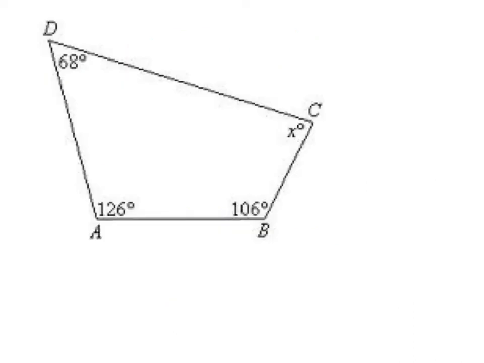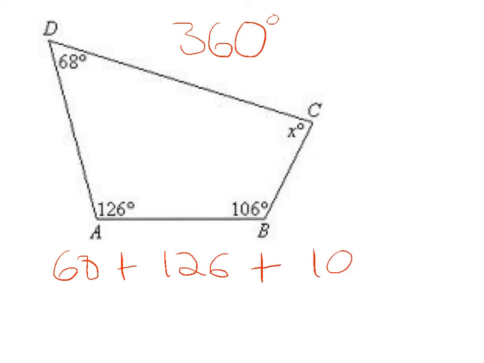Let's look at another example. This one, as you can see, is a quadrilateral, a four-sided shape. Take a moment to think about what the sum of all the angles inside the shape will be. If you can remember, the answer is 360 degrees for a four-sided shape. The first step is to add the existing angles together: 68 plus 126 plus 106.